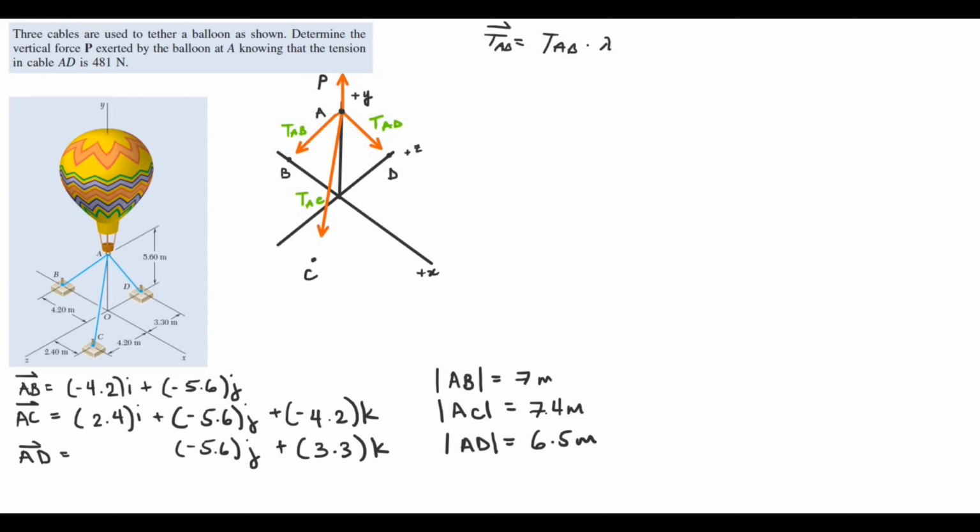We know that tension AB is equal to its magnitude times the unit vector, which is the magnitude times the vector AB over the magnitude AB.